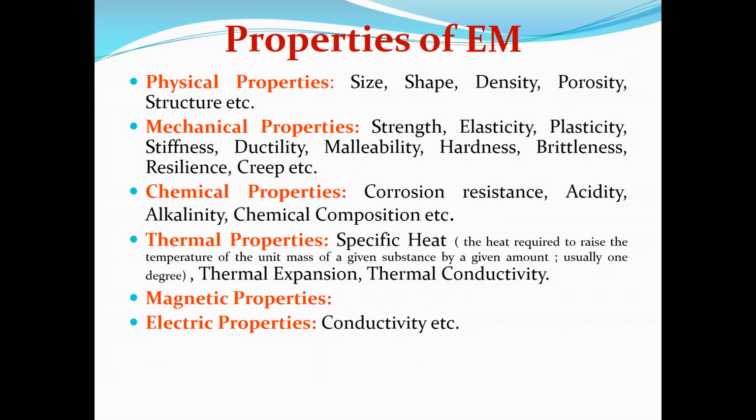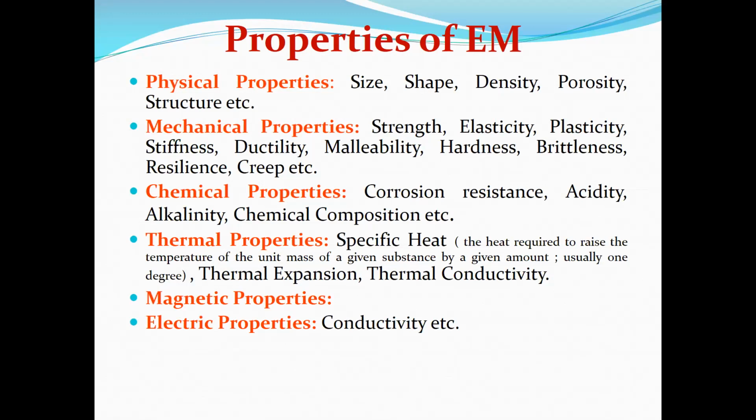There are three types of thermal properties I'm going to introduce. One is called specific heat. Specific heat means the heat required to raise the temperature of unit mass of a substance by a given amount, normally 1 degree. If you apply a certain amount of heat, then the rise of the temperature by a single unit is called the specific heat.